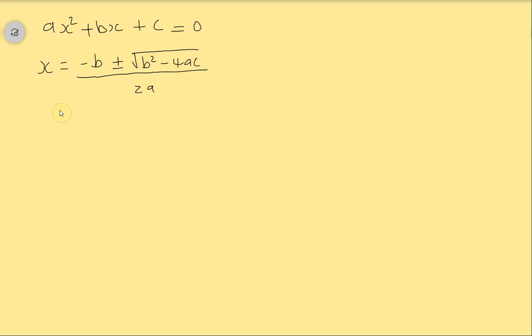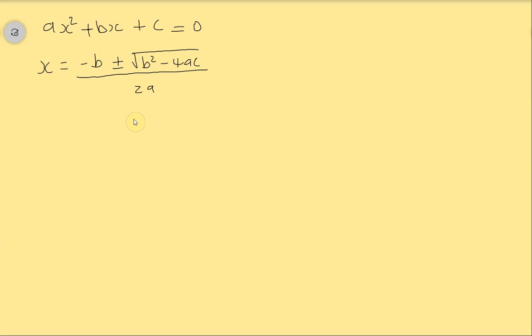and solve for x. Now the quadratic formula is normally used when the factors of ac, as in when you multiply a by c, and the factors of that product cannot add to give you the middle term, which is the b term, then you would normally use the quadratic formula.